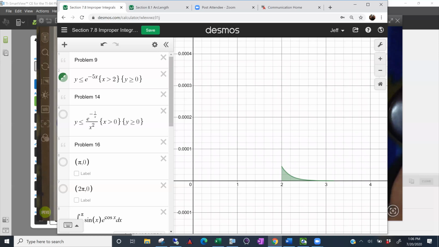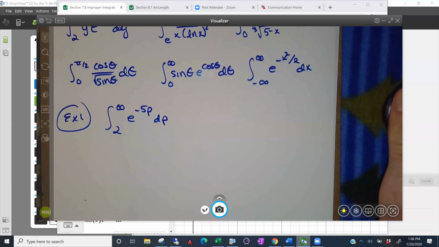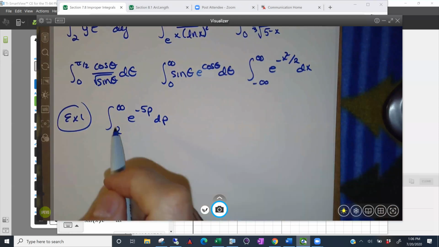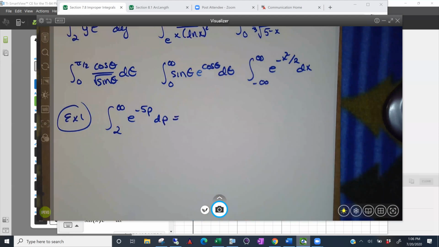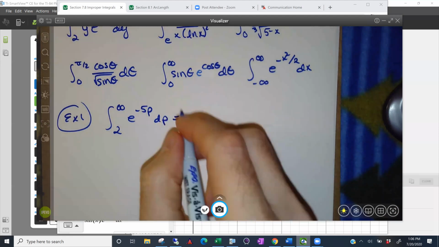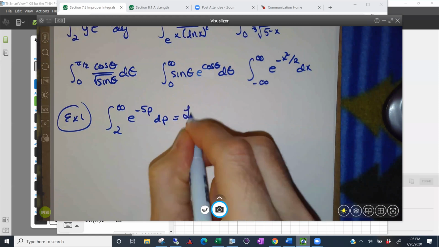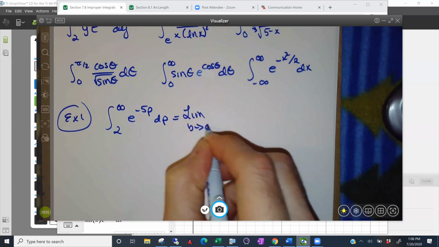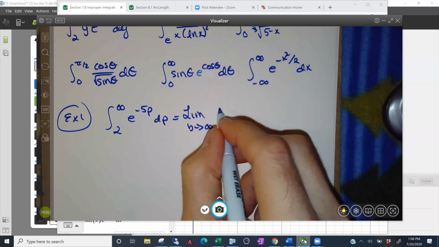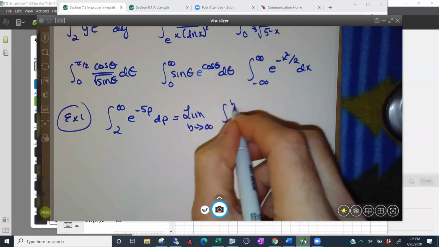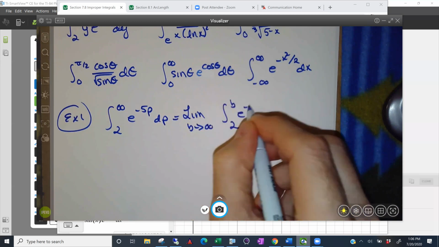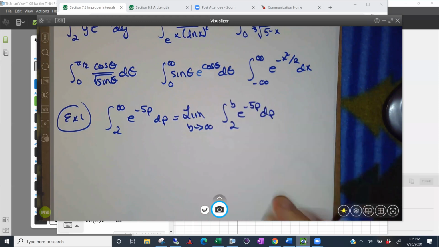All right, but enough about the actual graph of this thing. How do you handle stuff like this? Well, one thing you do is you start with replacing the infinity with a letter b. So I'm going to take the limit as b approaches infinity of the integral from 2 to b of e to the negative 5p dp.